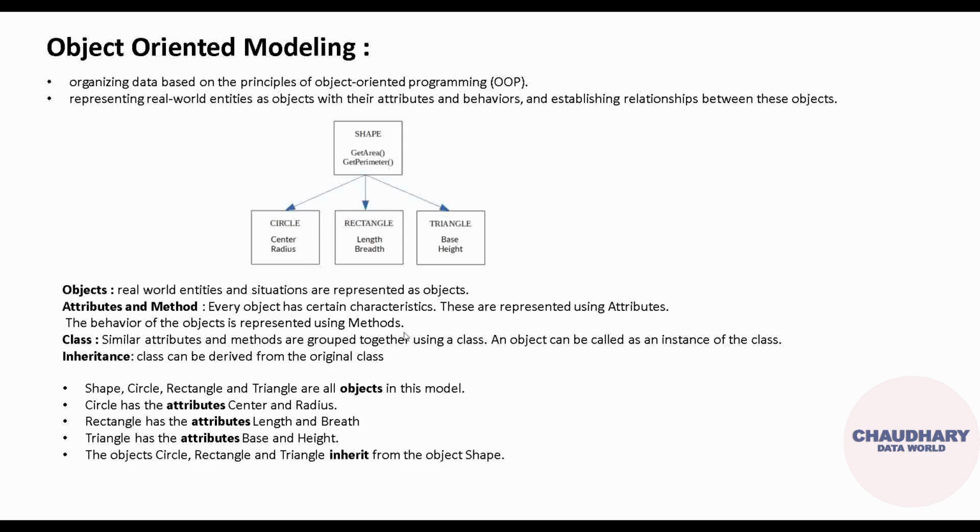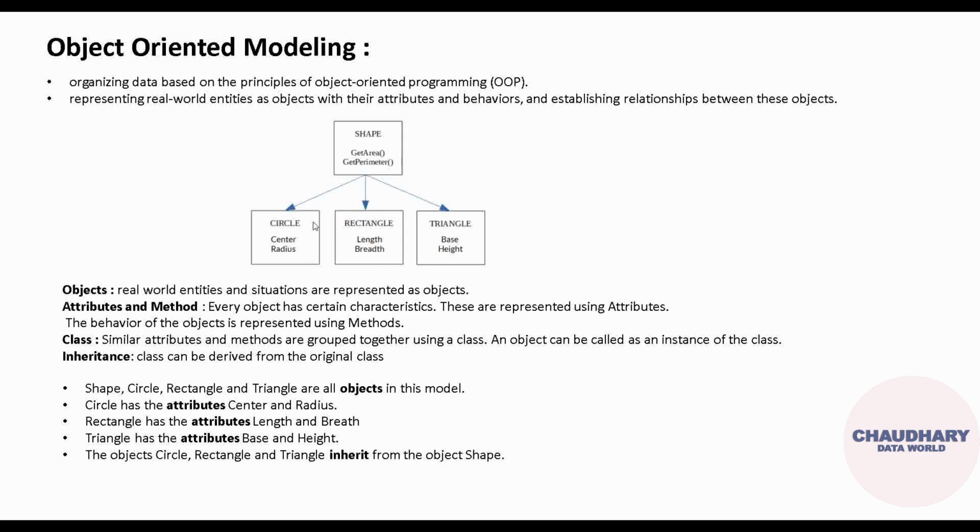That means whatever functionality it contains will come as the method. Right now method is not getting used, so I am leaving it for now. Moving ahead with the class. Whenever you group your similar attributes and methods, it creates a class.